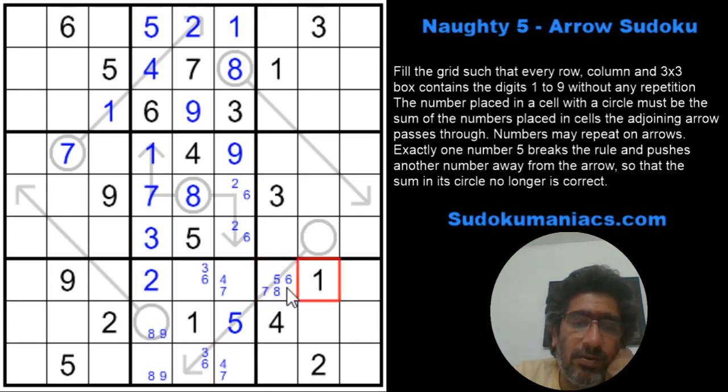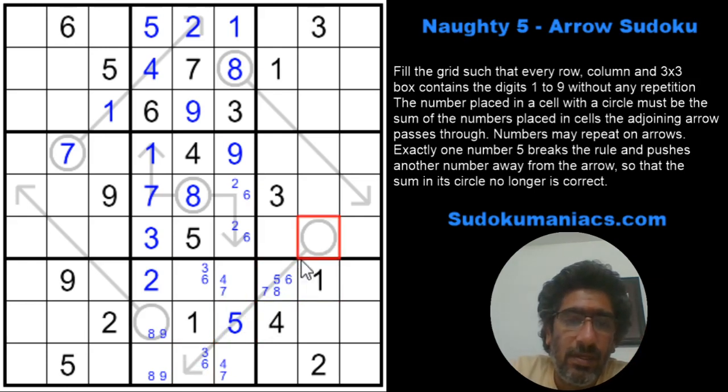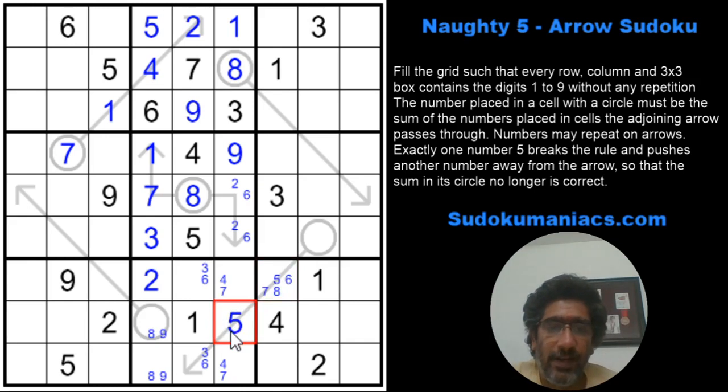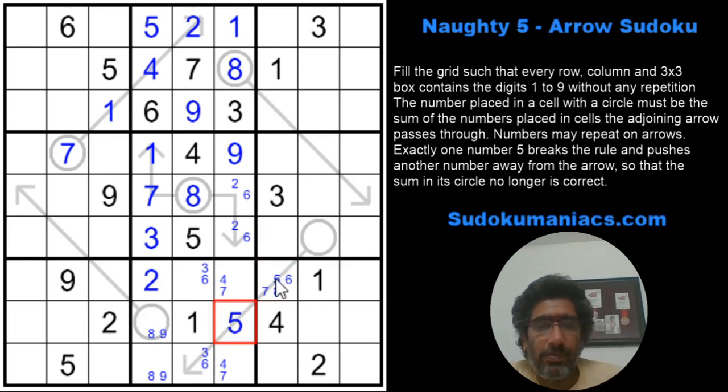Now we definitely know that this cell has to be the naughty 5 arrow. This arrow has to be the incorrect arrow because the minimum here is 3 and one of the 5s will have to be legitimate assuming both are 5s. That would still be 3, 5, 5. Correct?